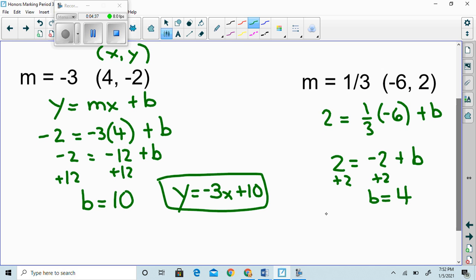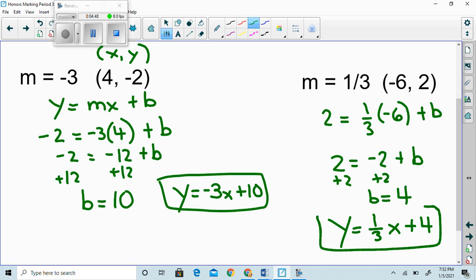On to writing the equation. Y is equal to 1/3 x plus 4. So when given the point and a slope, we can easily calculate and find our y-intercept and write our equation.